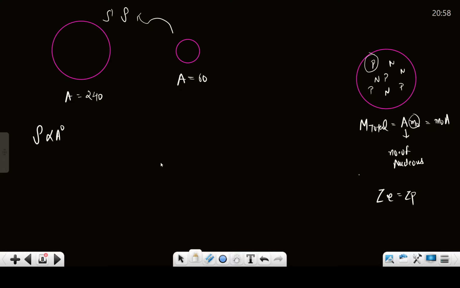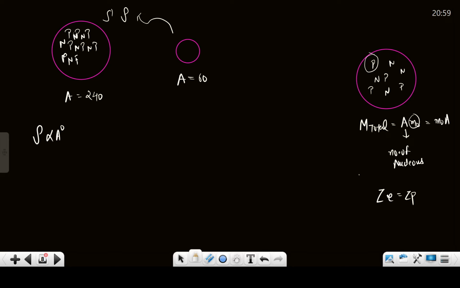This is a very important thing. Why? Because the density of both nuclei is the same, whether it has more protons and neutrons in it or not.